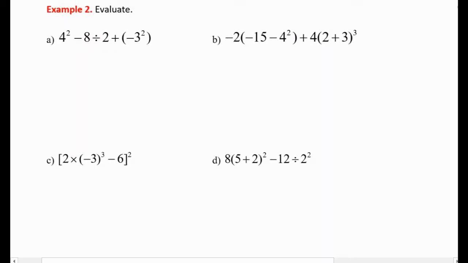Example 2, evaluate. So we're going to do BADMAS: bracket, exponent, division, multiplication, addition, and subtraction. So we are going to do bracket and exponent first.